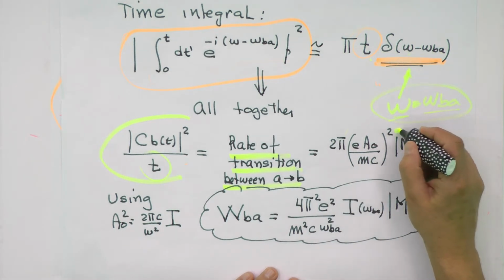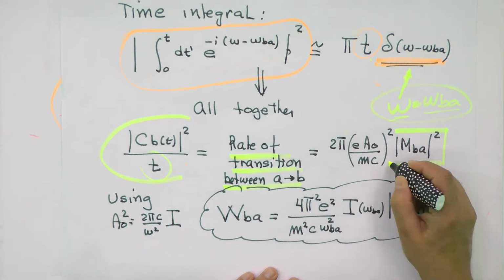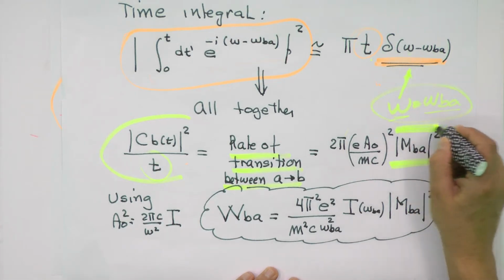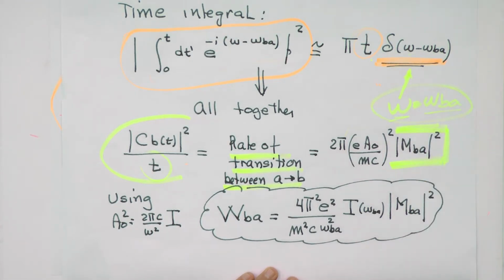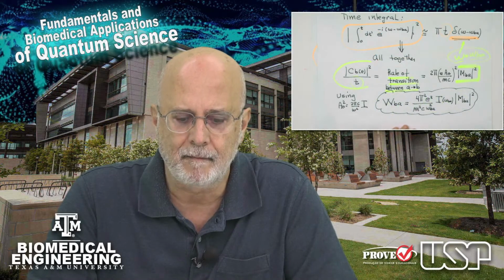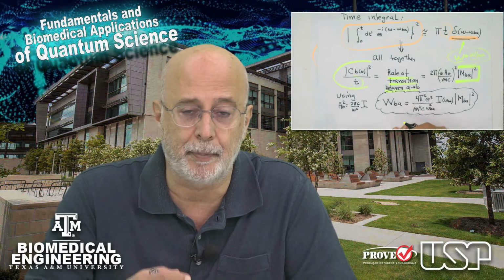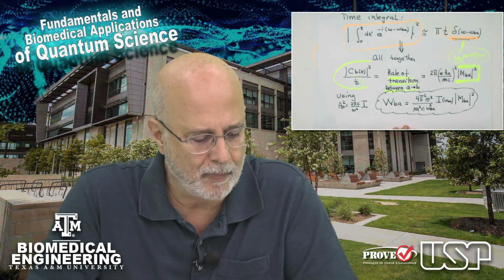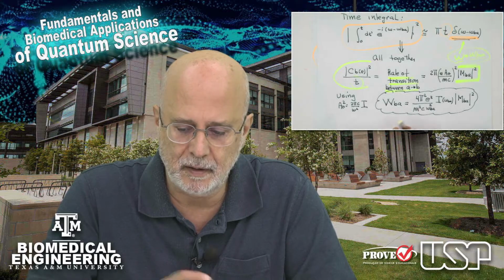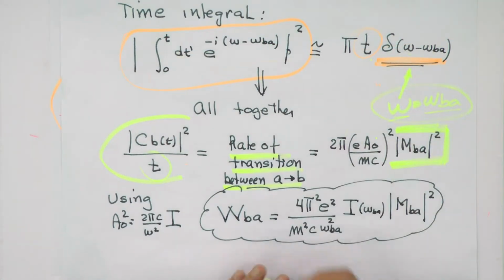And then I kept the matrix element of the interaction here. So all the time runs away now. I have something that's time independent and provides what we call the rate of transition. How many transitions per unit of time this is able to do, or what is the variation with time of the probability to be in that state, which is equivalent. And remember, A squared is somehow connected with the light intensity.